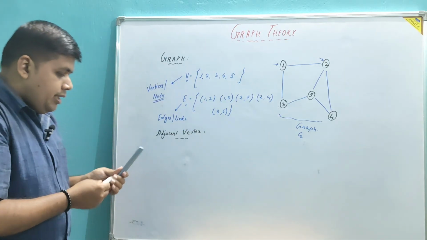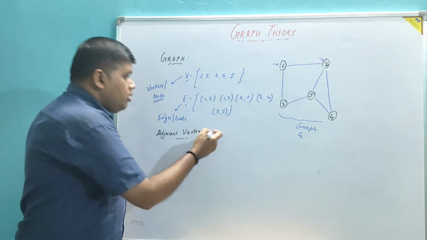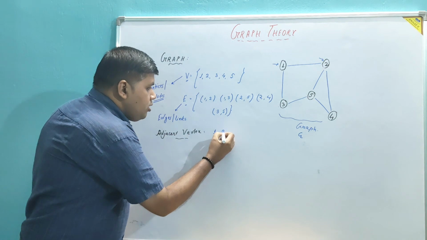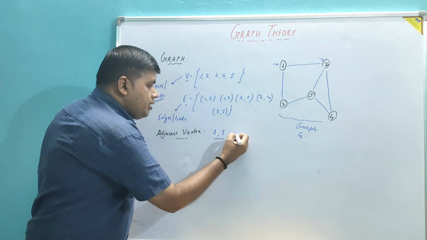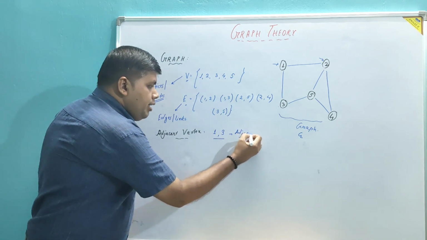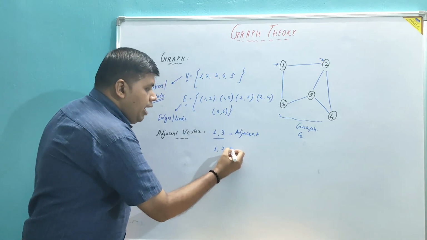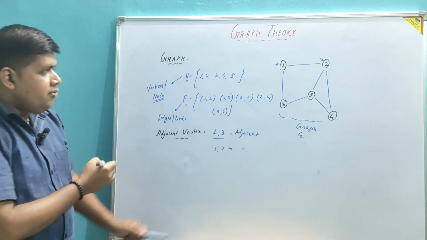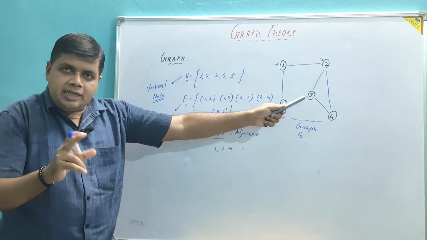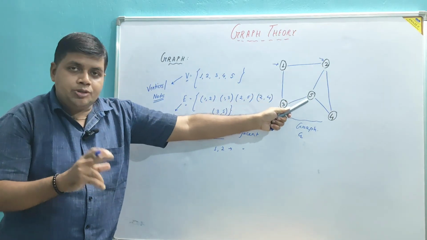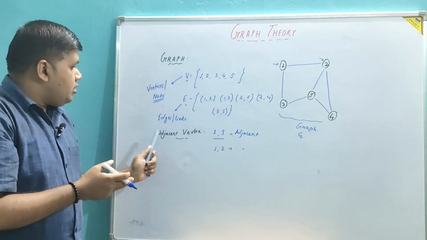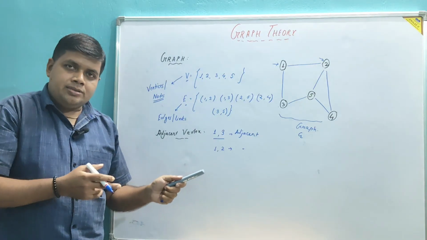So we can say that the vertex 1 and 3 are adjacent vertex. Similarly, 1 and 2 are adjacent. However, 1 and 5 are not adjacent because there is no direct link between them. So that is the meaning of adjacent vertex.